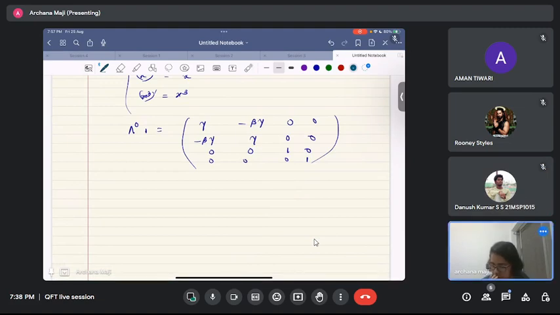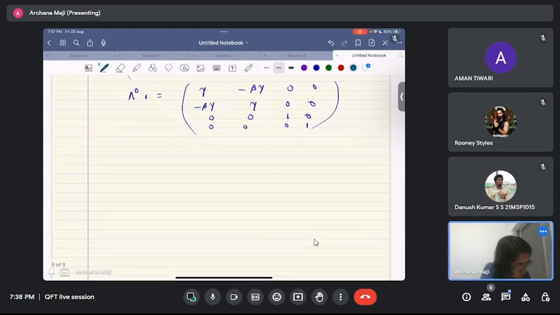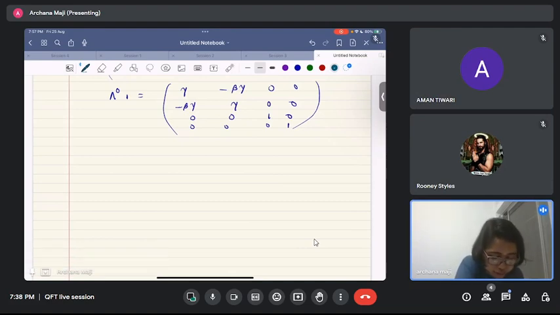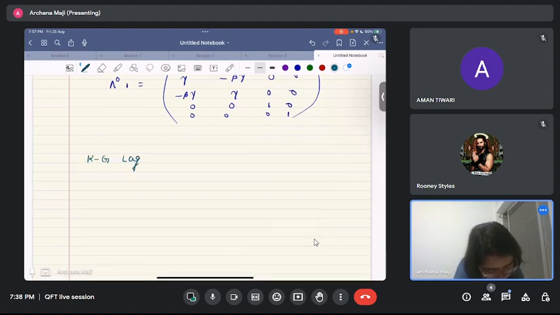Now let's see how the Klein-Gordon Lagrangian will get modified if we perform this Lorentz transformation, and want the Lorentz transformation to be a symmetry of our system. The Klein-Gordon Lagrangian was of del mu phi squared minus m square phi square, right?